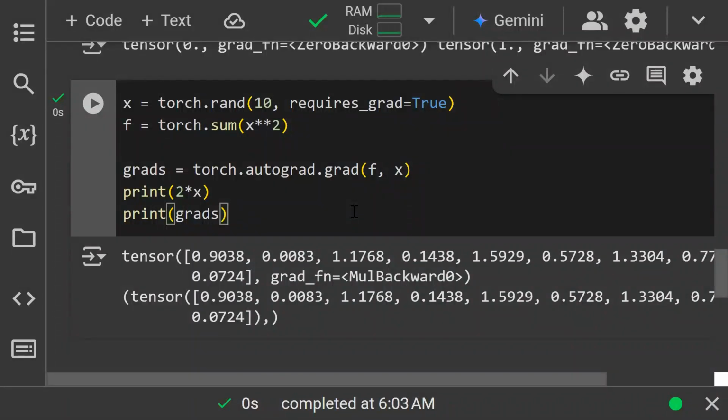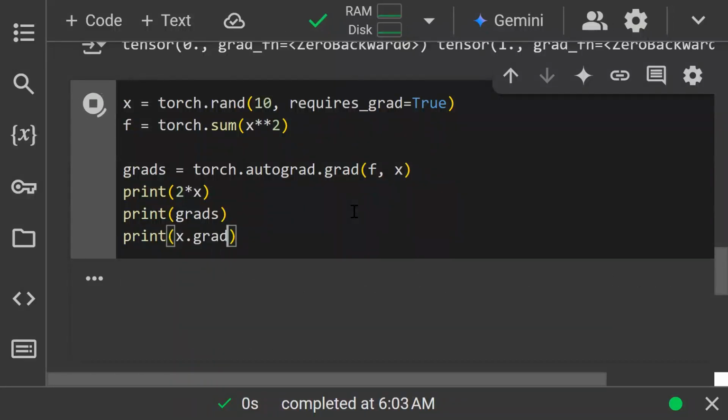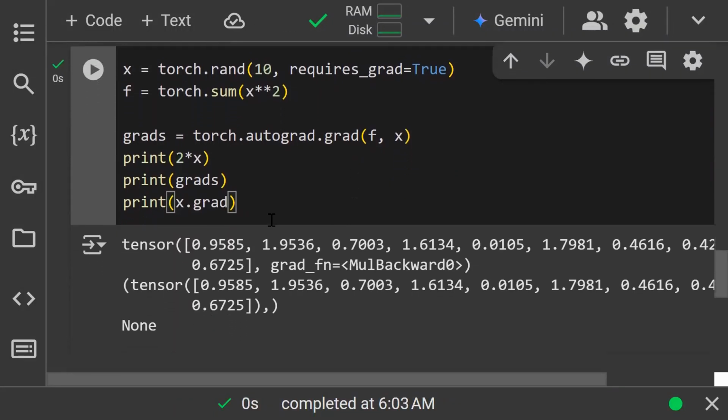Okay. And because of that, if I print x.grad, you'll see that it prints None. Okay. So internally, we're using a different module to construct the computational graph. And that's why x.grad doesn't have anything inside, even if we computed a gradient.